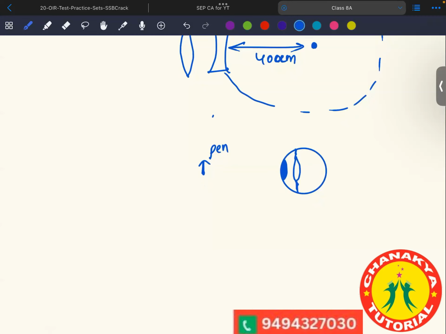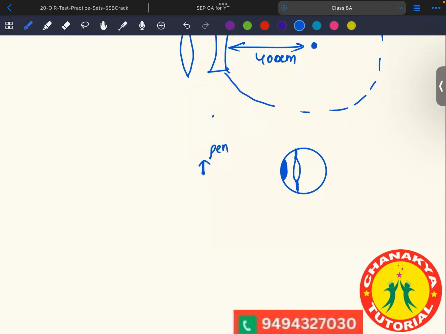Fine. So ciliary muscles are responsible to stretch or contract this lens. Now you are not able to see this pen clearly. Why? Because the ciliary muscle must have grown weaker. So these ciliary muscles are not working properly, and cannot focus this pen towards your retina.